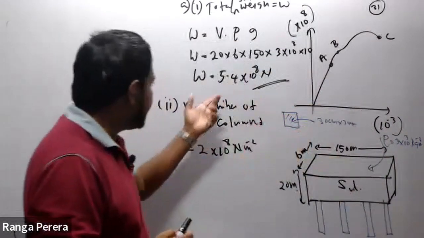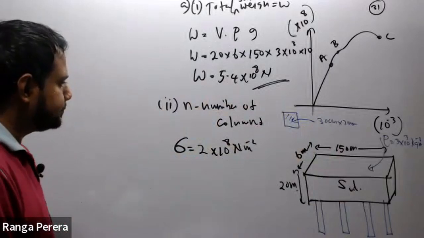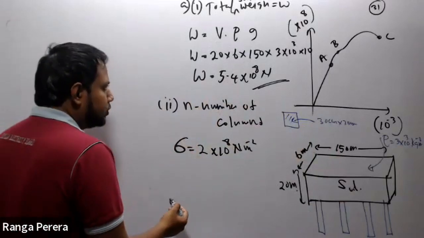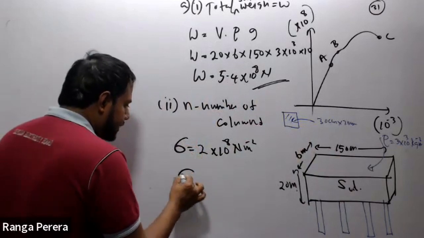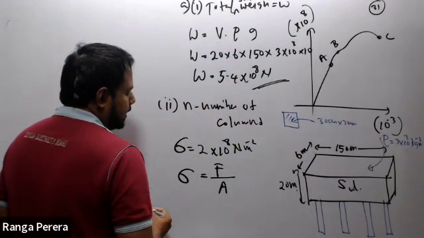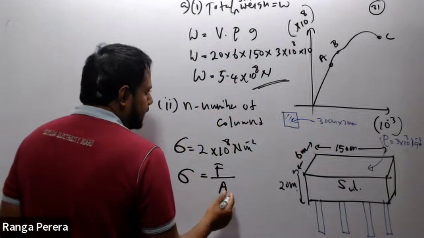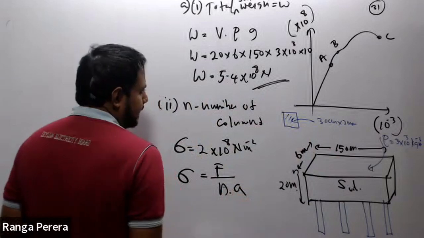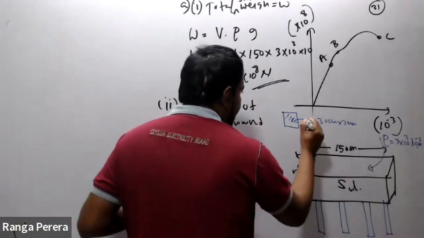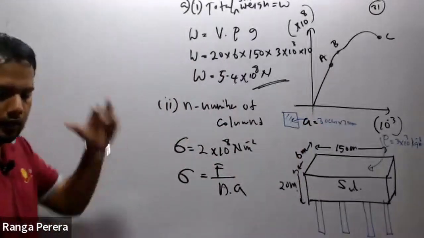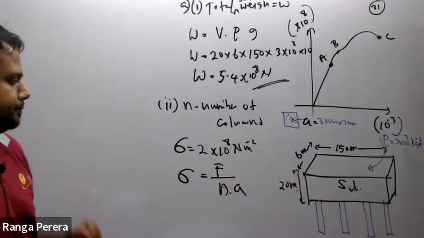If so, we can say the stress equals the force divided by the area. But how to find the area? The area we can take as n into simple A, where A is the area of a square column.